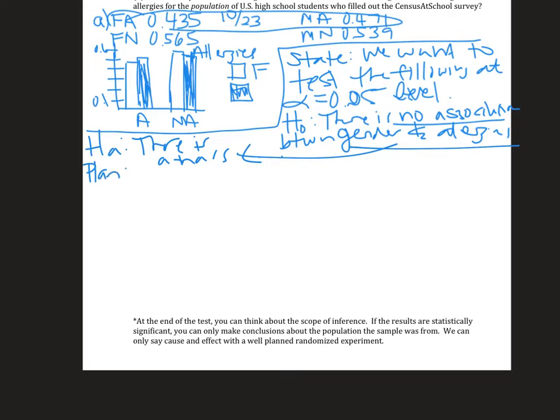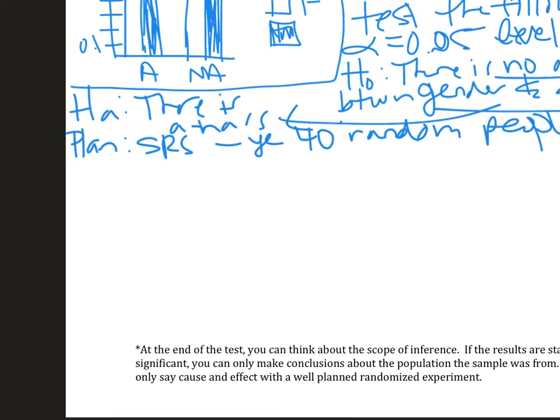We need to see if the conditions work. So we have a simple random sample. Yes, there's 40 random people surveyed. We have independence.